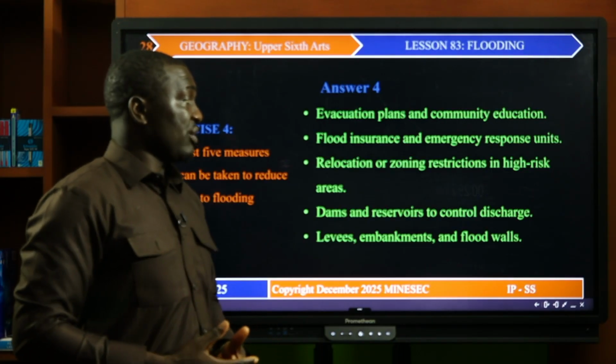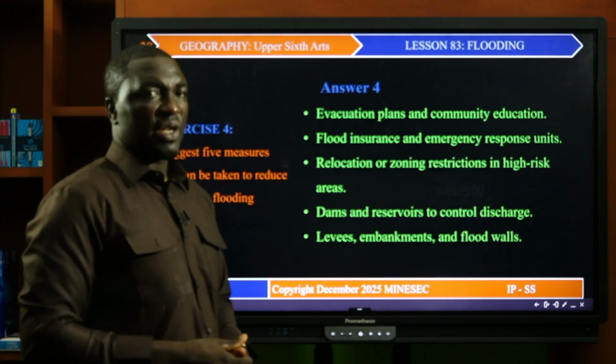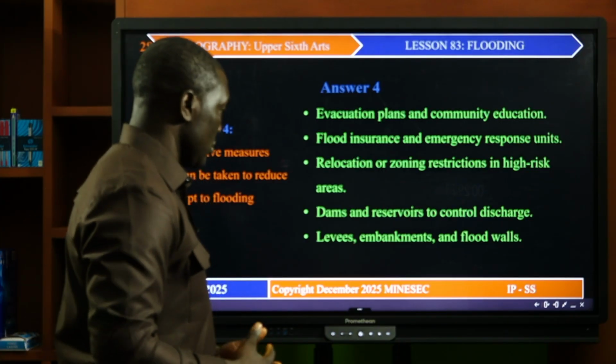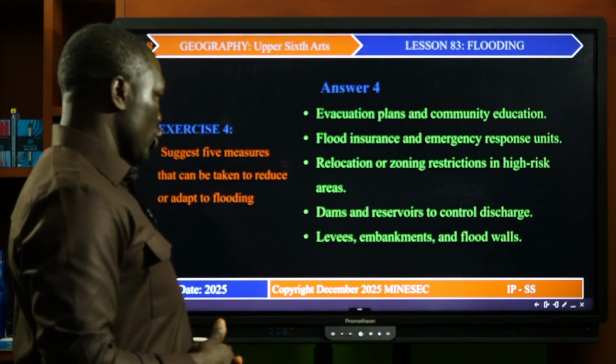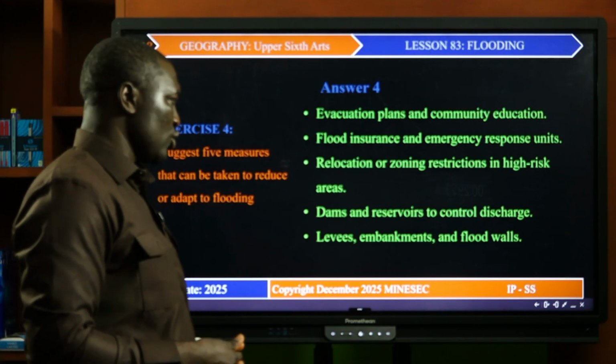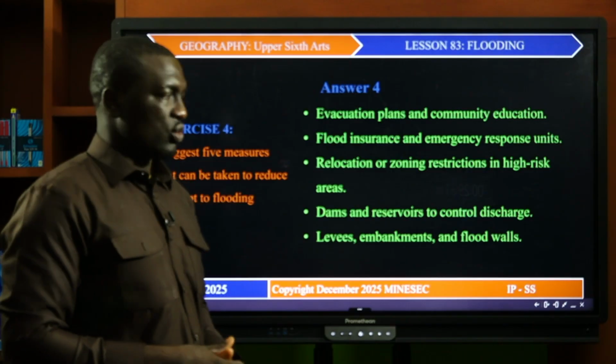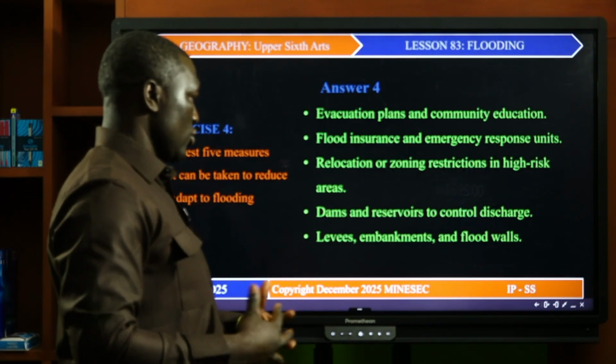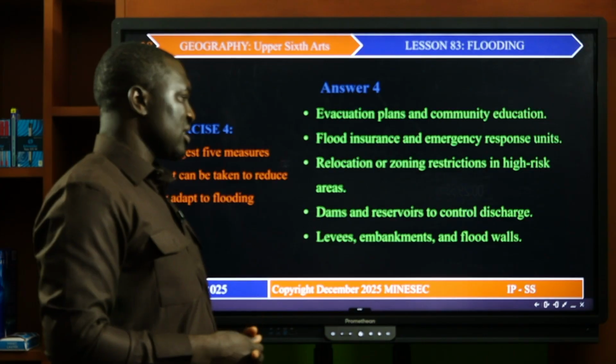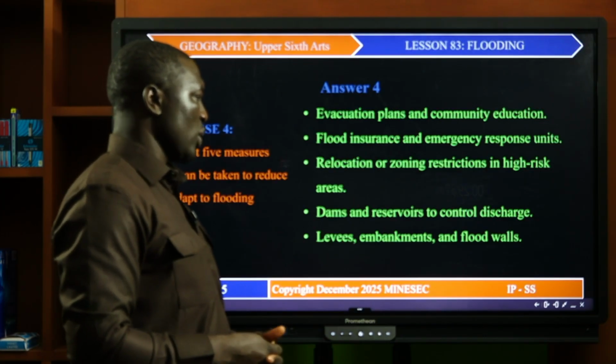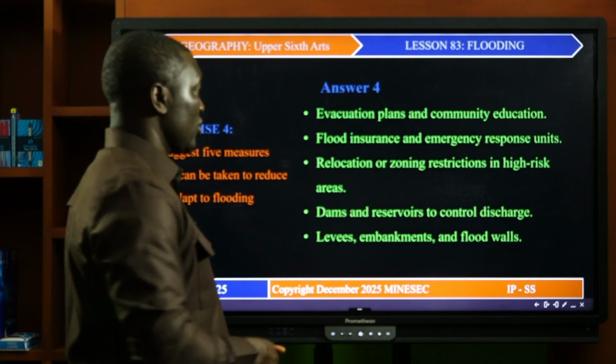Relocation or zoning restrictions in high-risk areas. 4. Construction of dams and reservoirs to control water discharge. 5. Construction of levees and embankments, as well as flood walls.